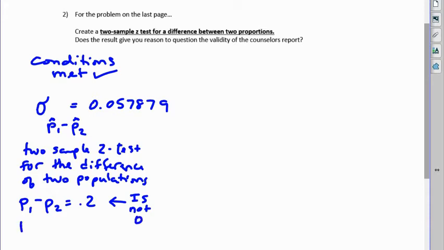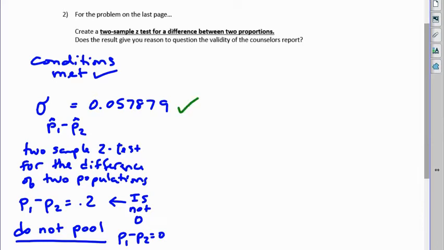So do not pool on this test. Do not pool this test because it is not a p1 minus p2 equals 0 situation. So we're not going to pool. That's good because that means we can use this value that we had found.